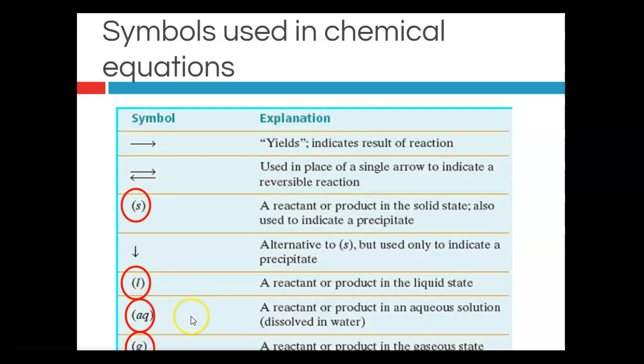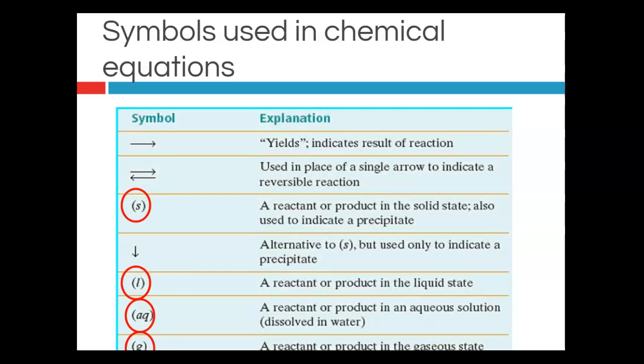I'm going to skip down to the g, which means gas, here at the bottom. That's what we would use for the bubbles. Obviously, if we had carbon dioxide or oxygen gas, some of those very common gases, we would use the little g. And then we have this new one right here, the aq, and that aq stands for a substance that we dissolved in water.